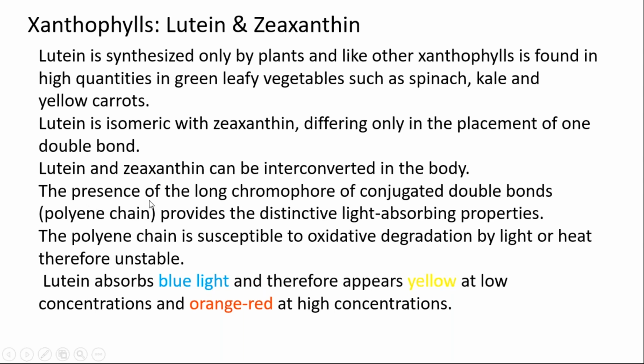The presence of this long chromophore with the conjugated double bonds, or the polyene chain, is what gives it its light absorbing properties, and it is susceptible to oxidative degradation. Lutein absorbs blue light and therefore appears yellow at low concentrations and orange red at high concentrations.